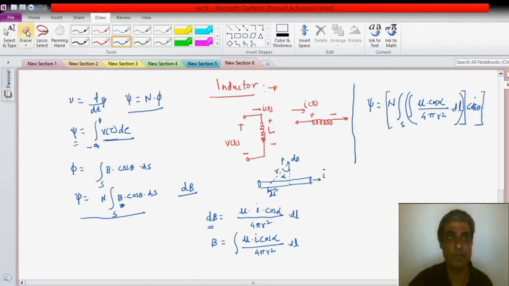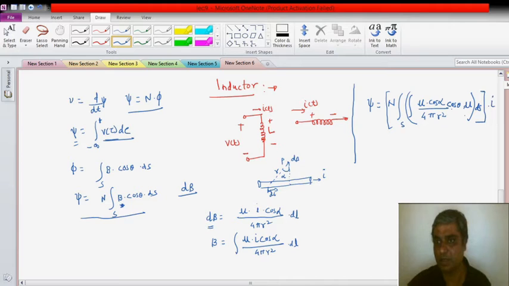Let me write again: mu cos alpha cos theta, then with respect to dl, then with respect to ds, and all multiplied with I.